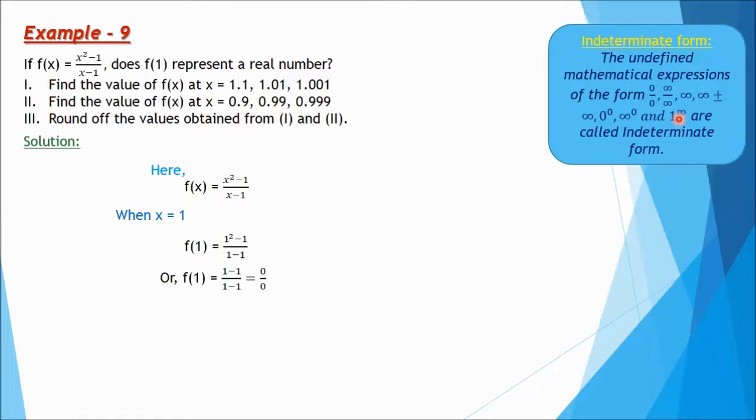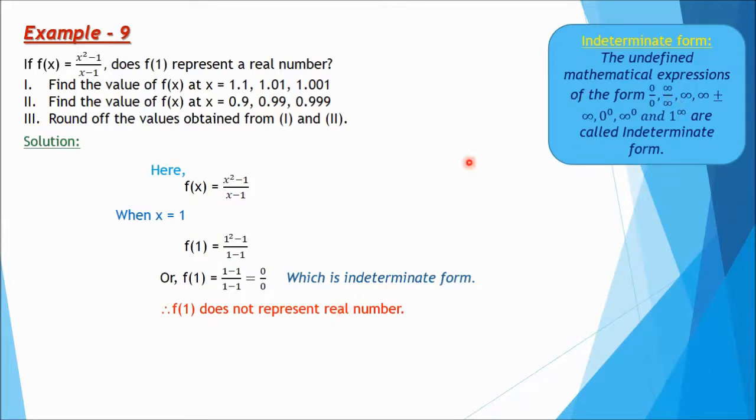So which is indeterminate form. So what we can conclude is, therefore f(1) does not represent a real number. So it is not a real number. All these indeterminate forms are not real numbers. Understand? Here it must be divide, I think.